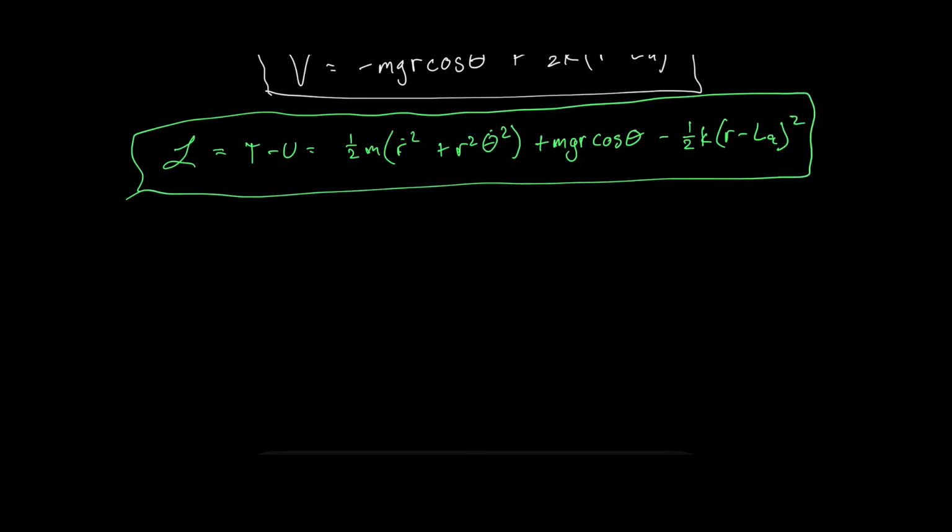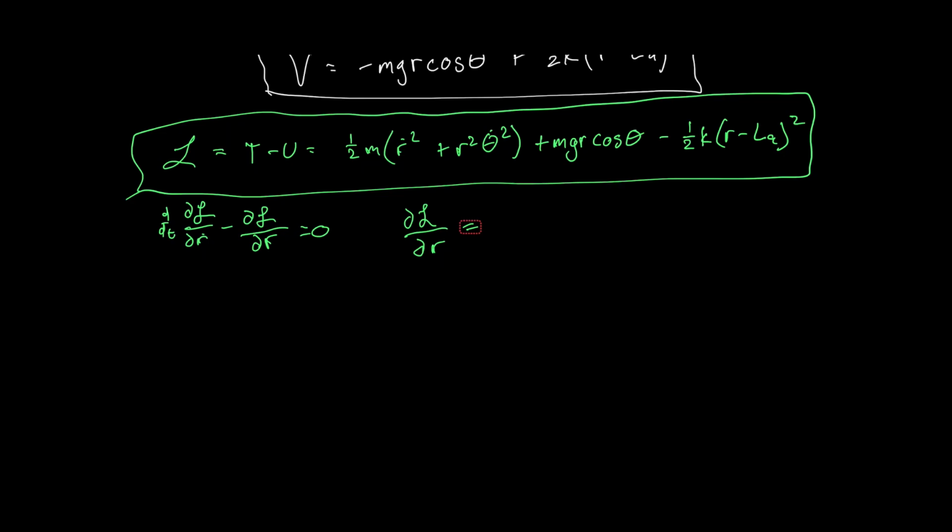All right, so now we're going to do our Euler-Lagrange equations. We'll start with r. So we have d/dt of partial L with respect to r dot, minus partial L with respect to r, equals 0. First we'll do partial L with respect to r.